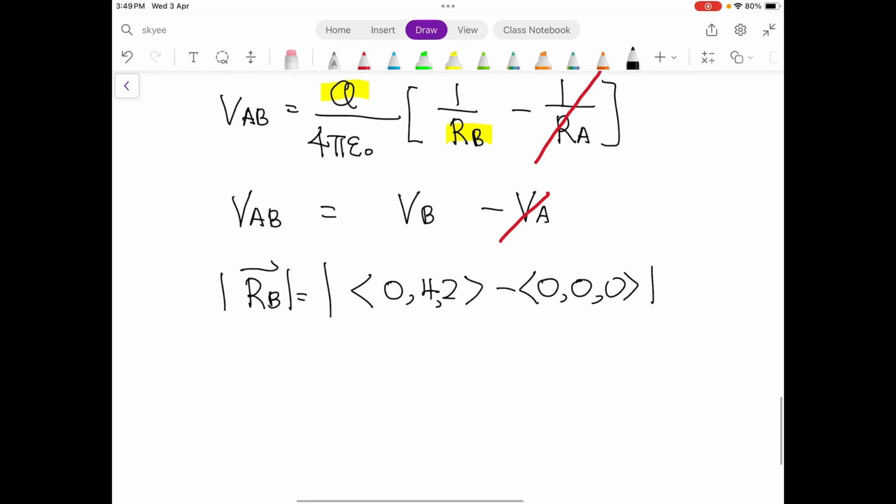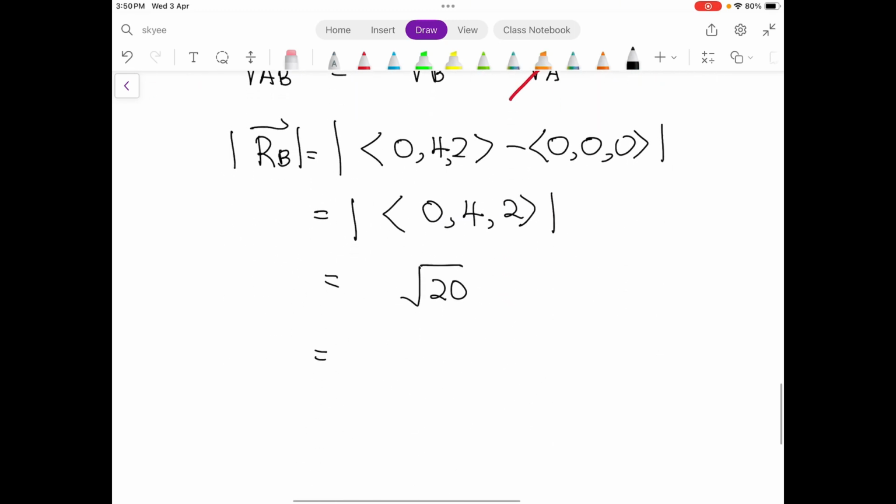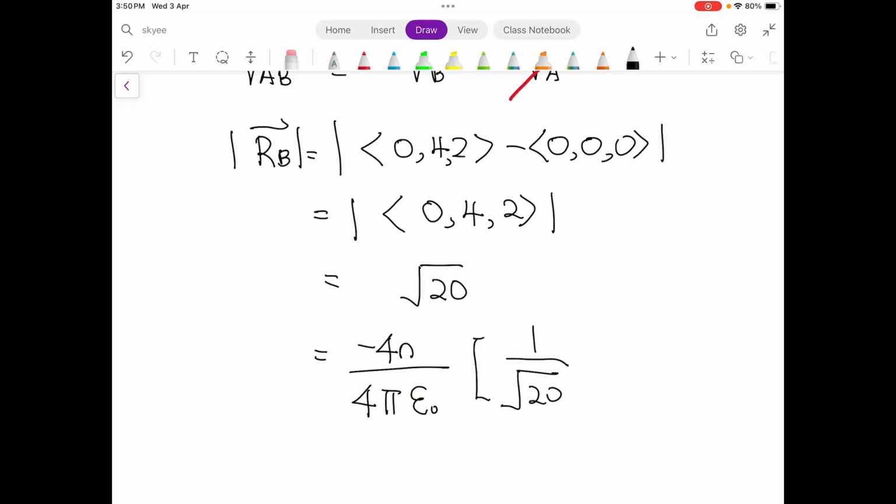So you see, I put the magnitude. So you will have 0, 4, 2, and your magnitude is square root 20. So the potential would be negative 4 nano divided by 4 pi epsilon naught and then multiplied by 1 over square root 20.